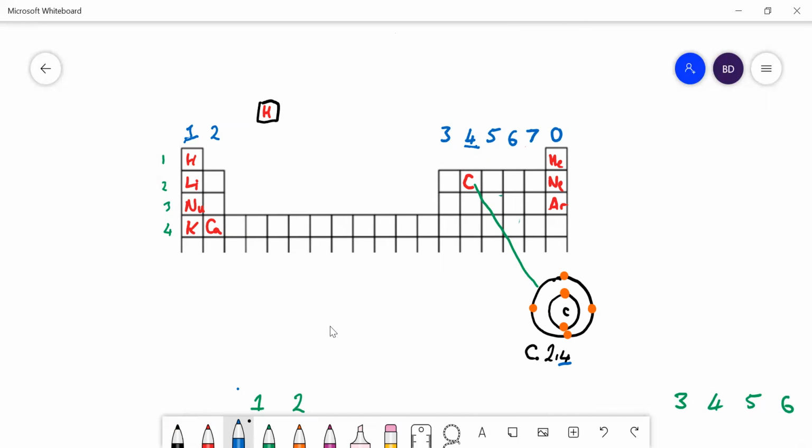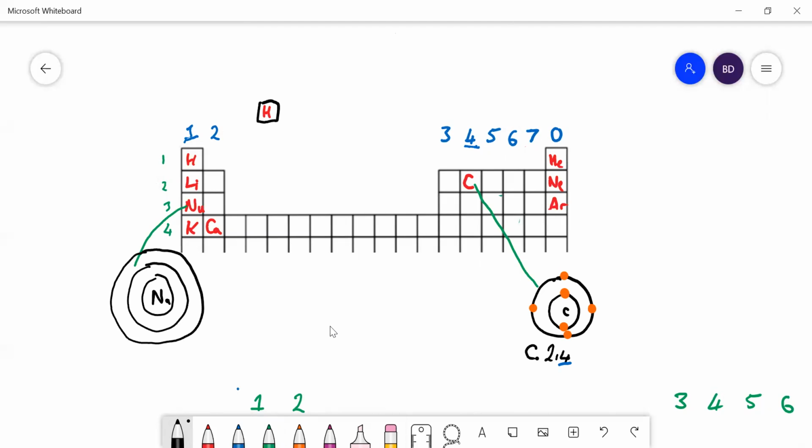Let's have a look at, well, calcium we've already done. Let's have a look at sodium. Now sodium is the nucleus. Sodium is atomic number 11, so we're going to actually need 3 shells for sodium. Okay, so the first shell, you put 2 electrons in there.